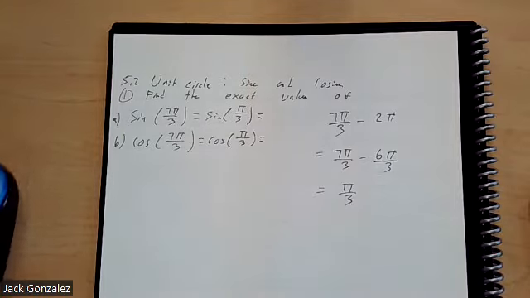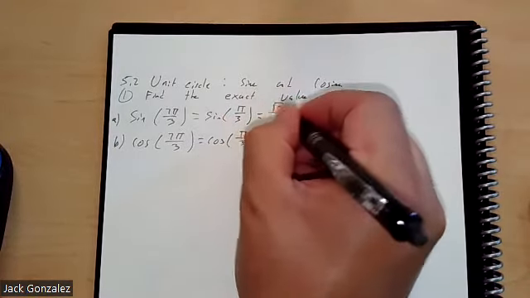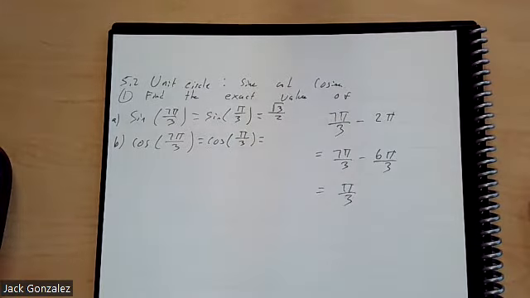All right, well, what is that? It's right here, right? Sine is the y value. And what is cosine going to be? Yeah, that's it. So far, not too bad, right?